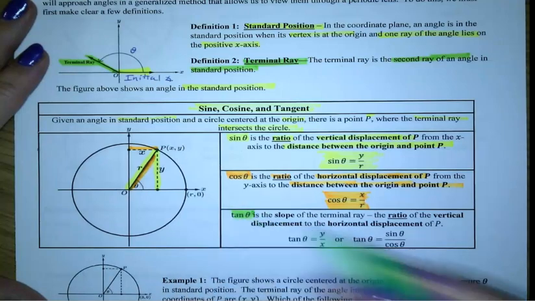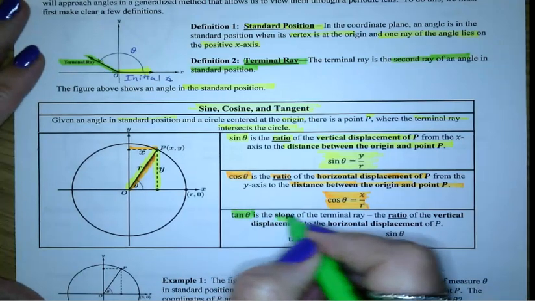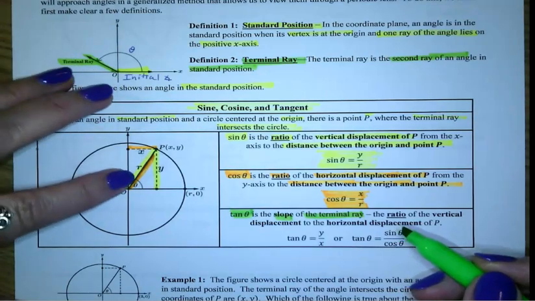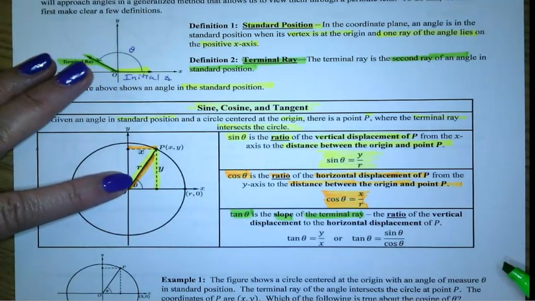Tangent theta is actually the slope of the terminal ray. So it's the slope of this line. And how do you find slope? You take the vertical distance and divide it by the horizontal distance, right? We learned that slope is y over x.